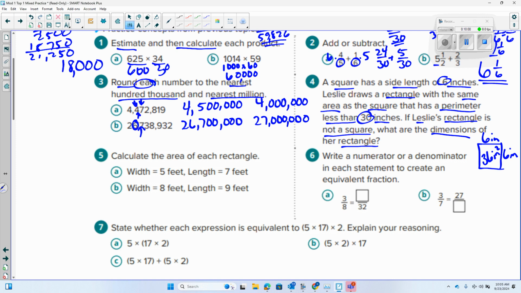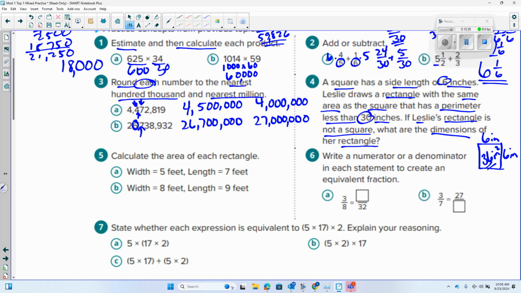So I need to find a rectangle that would have the same area of 36, but a perimeter of less than 30. So I've got several options. The key now is I need to look at 36 and say what numbers will make 36 when I multiply.